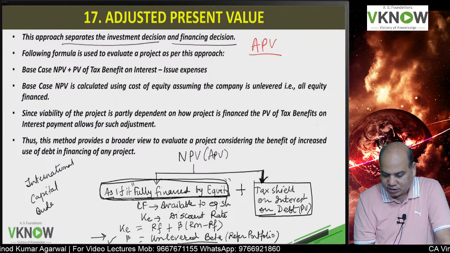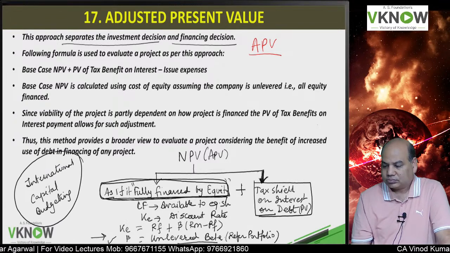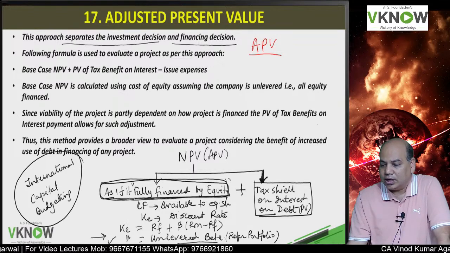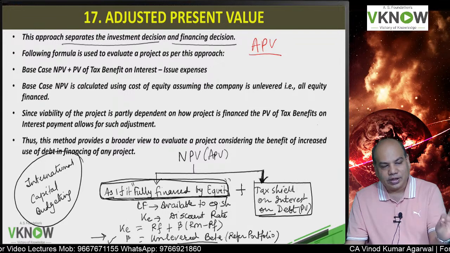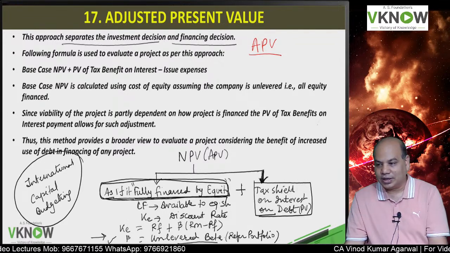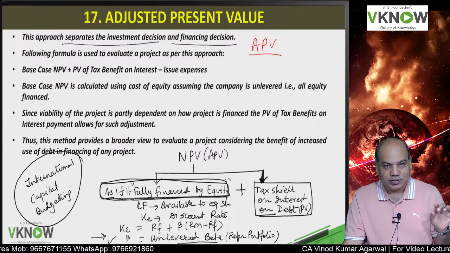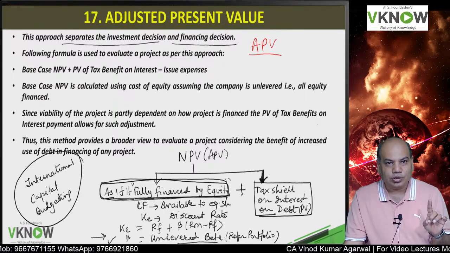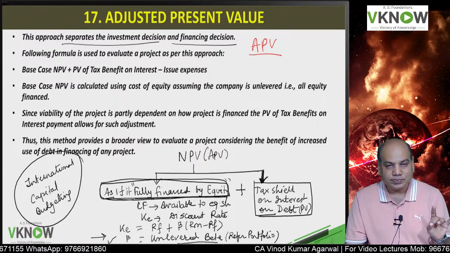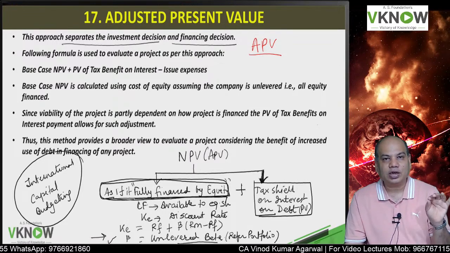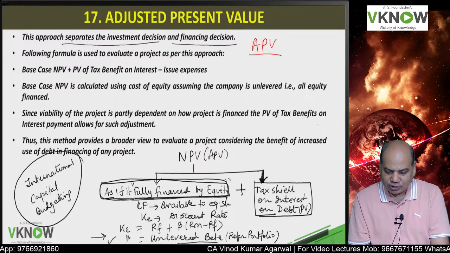I have explained more detail there, so I don't want to repeat it again. First compute the value of the firm as if it is an equity finance company, add present value of tax shield on debt, that is the adjusted present value method.